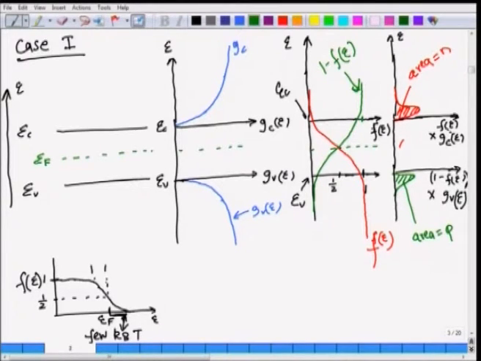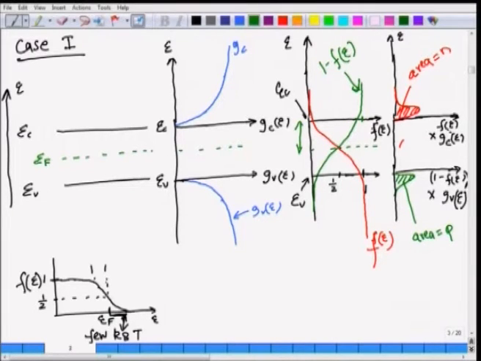Now, remember this function, again I go back, look at this FE value. This band gap is in electron volts for silicon, for example, and I already mentioned that. So, this will be about 0.5 electron volts or 500 milli electron volts. This red function would have dropped down very quickly, and these values will be very, very small.